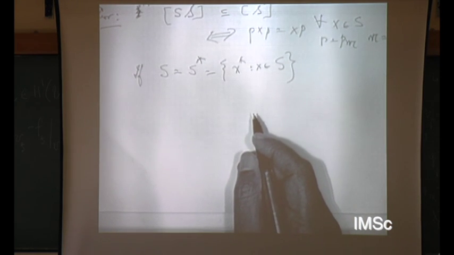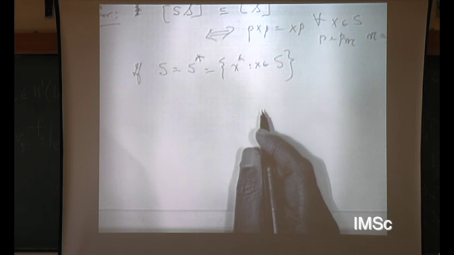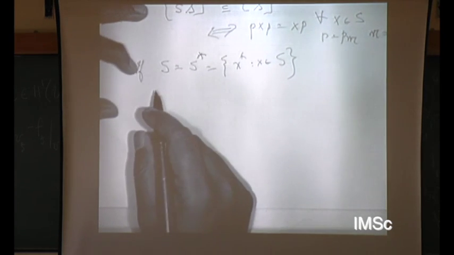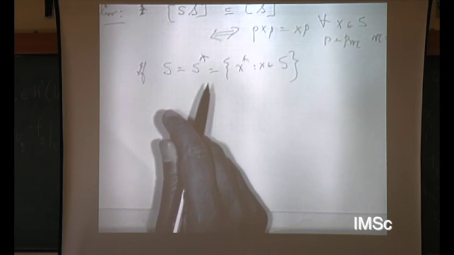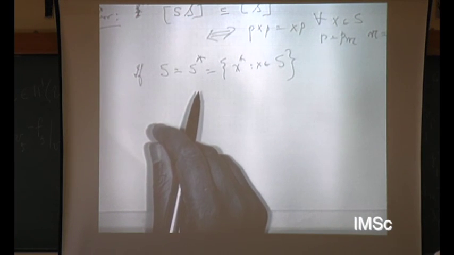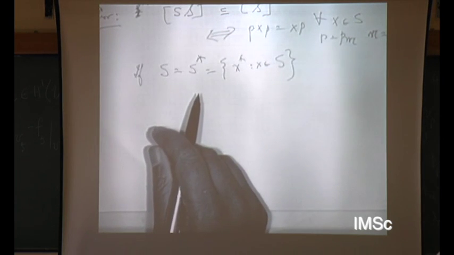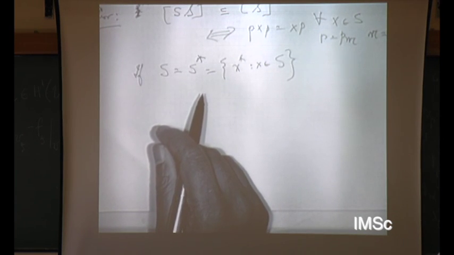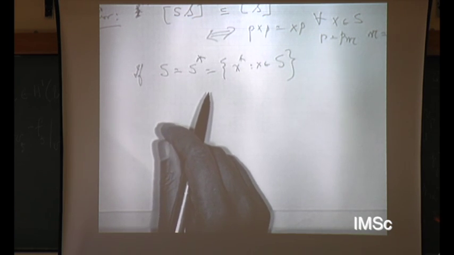That is, the collection S of operators is closed when taking adjoints. If S equals S star, what does this say? This says that for every x, the 2, 1 entry is 0. But the collection is closed under adjoints, so x star should also have the 2, 1 entry 0. But what is the 2, 1 entry of x star? It is the adjoint of the 1, 2 entry. So the 1, 2 entry should also be 0.